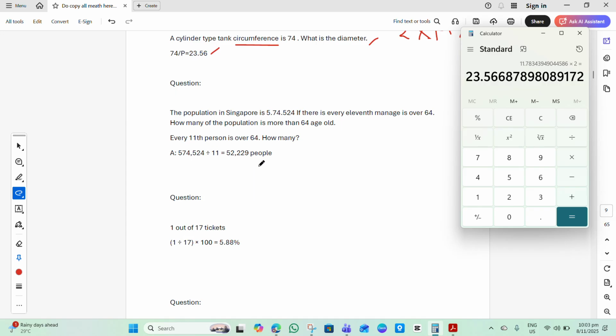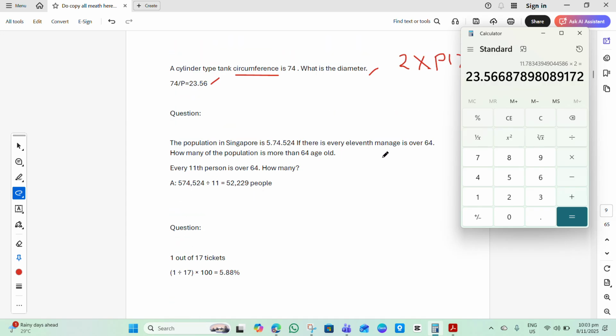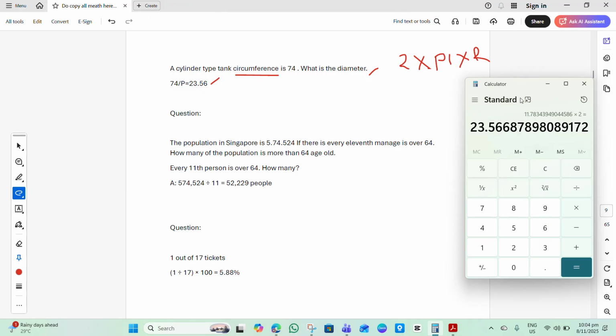Iqbal bhai, let's give some time because you forgot. If the formula they give is 2 pi r, what is the meaning of 2 pi r? It means 3.14 times 2.